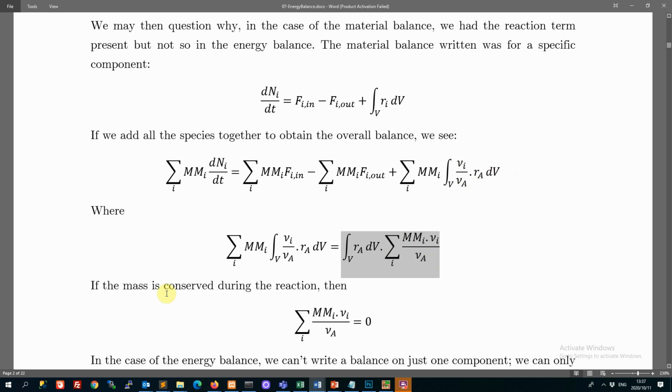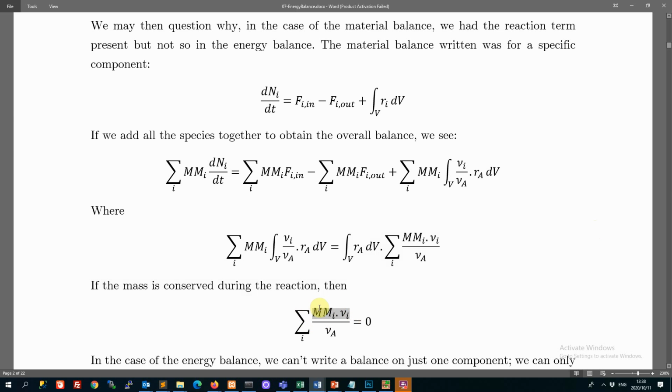And we also said before that mass has to be conserved during the reaction. So the mass on the reactant side must equal the mass on the product side. And so if you look in the numerator here, this is indeed a combination of the masses on the reactant side and the masses on the product side.